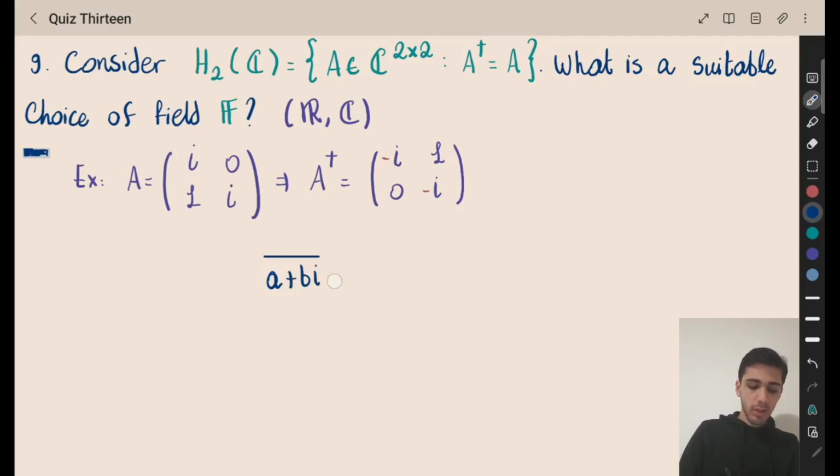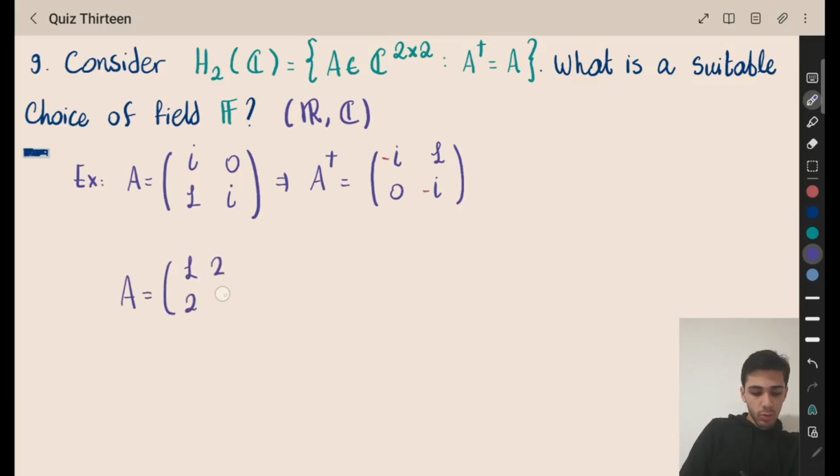So you could say that this is an extension of the class of symmetric matrices. Forget about the complex conjugation part. Let's just assume that we're dealing with purely real matrices, something like 1, 3, 2, 2.